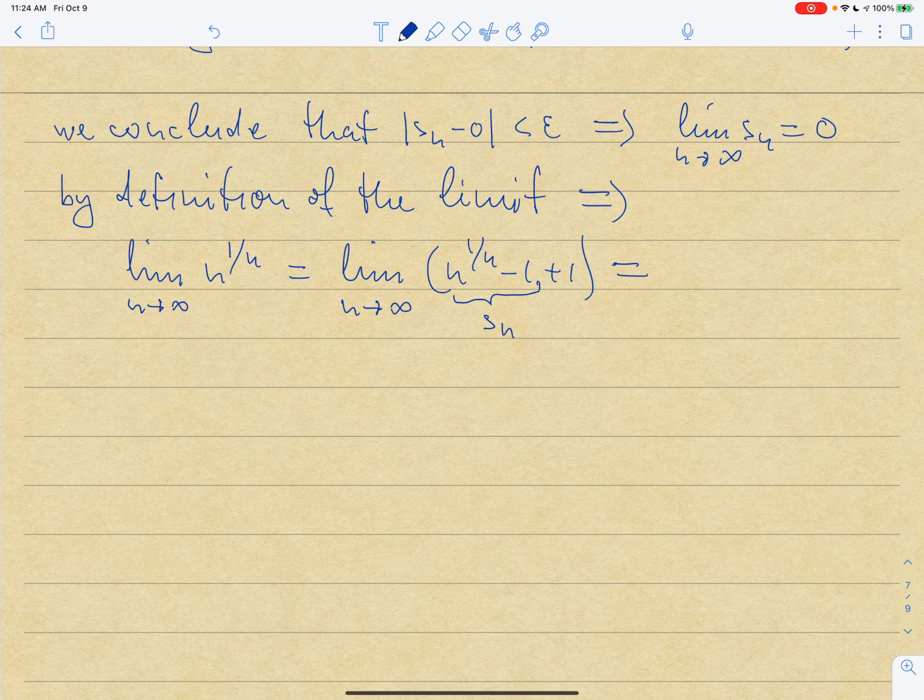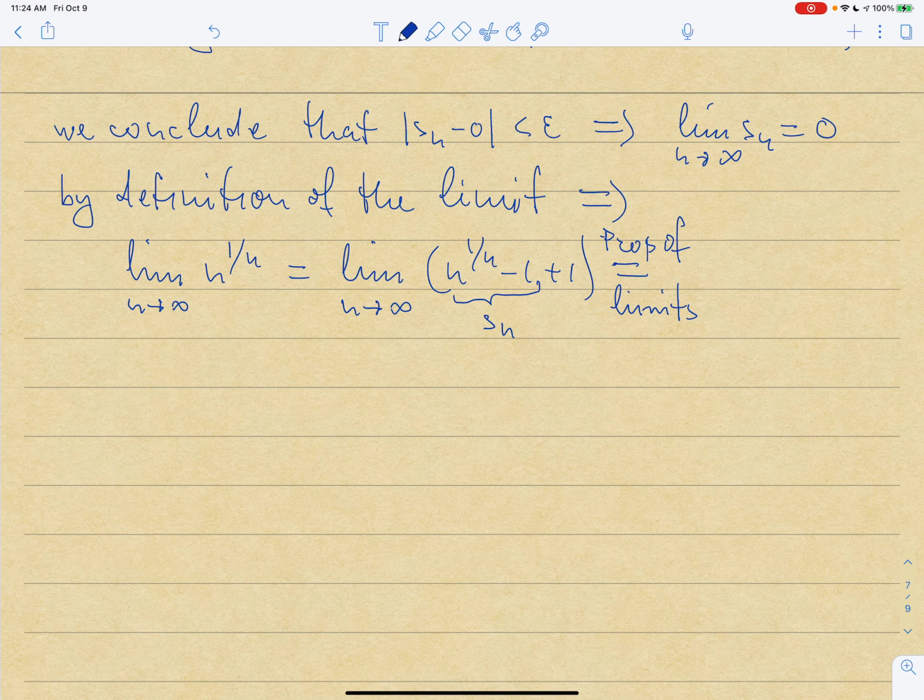And then by properties of limits, the limit of a sum of two sequences must be the sum of the two limits of those sequences.